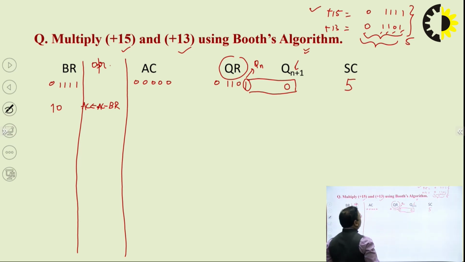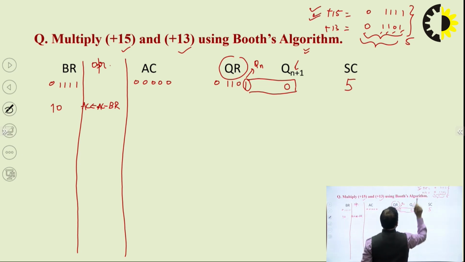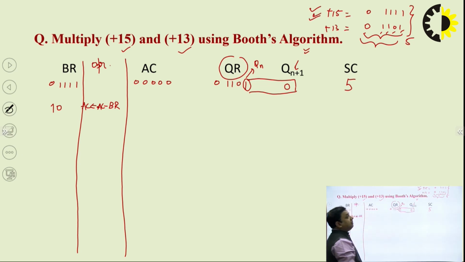What is my BR? That is the multiplicand. So now I have to compute the value of minus 15. Just by using the 2's complement operation, I will compute the value of minus 15. So minus 15 will be 1 as it is, and the subsequent bits will be complemented, that is 0 0 0 1.